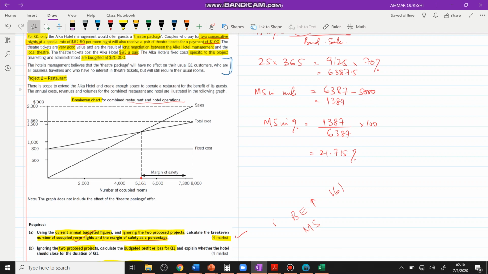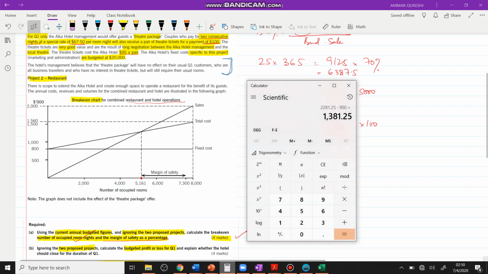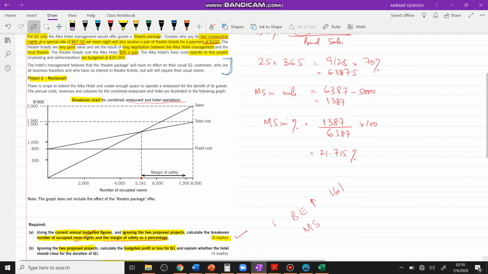Probably sales are 8,000, and the break even is 5161. That makes 2839, right? 2839. Margin of safety is expected to be 2,839 units, right?